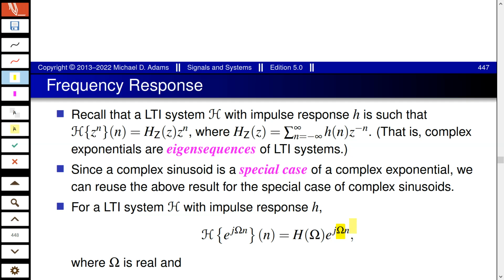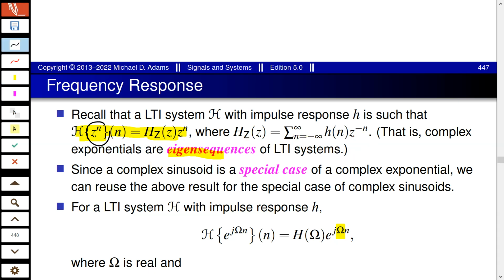And you remember I started this lecture with this observation, right? This told us that z to the n is an eigenfunction, or an eigensequence if you want to stick to the discrete time terminology.